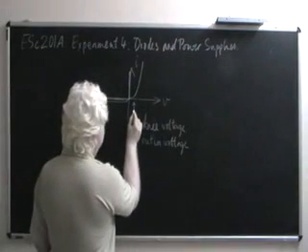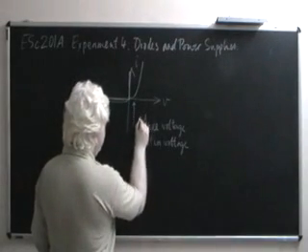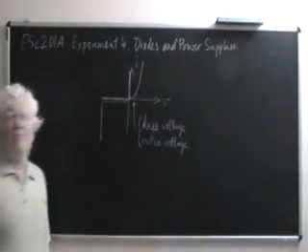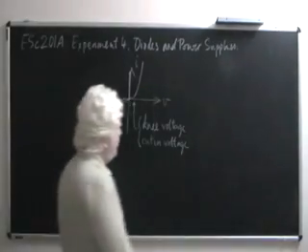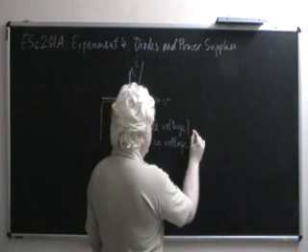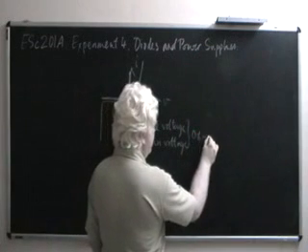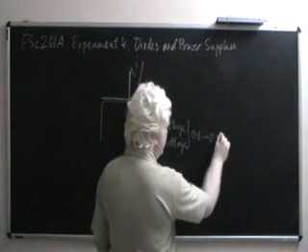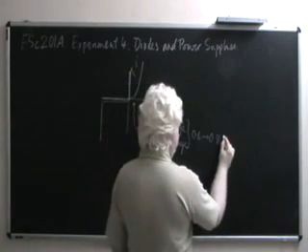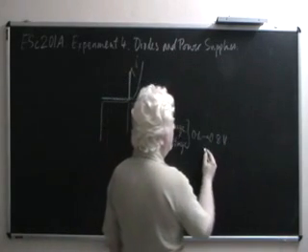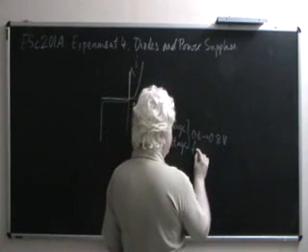And that is of the order of 0.6 to 0.8 volts for a silicon diode.